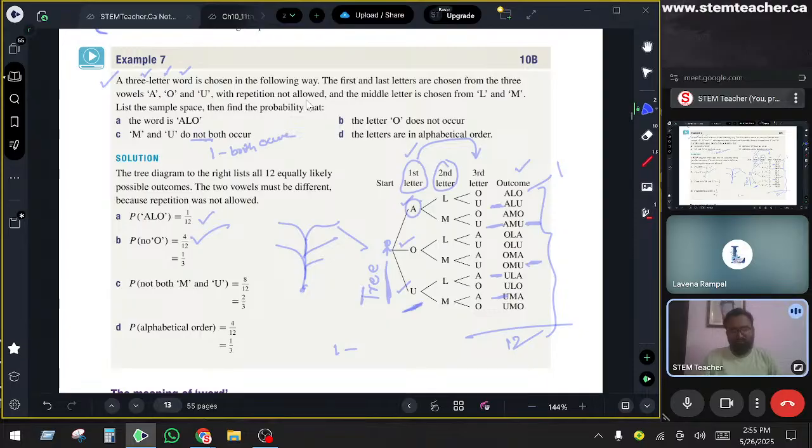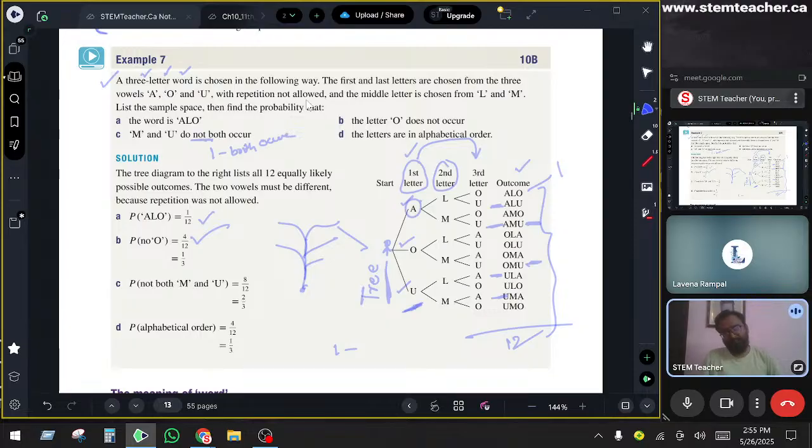It is 2 only. So not both M and U. U and M do not both occur.